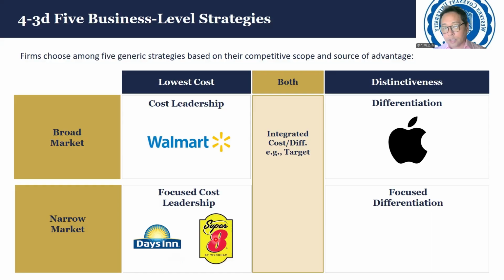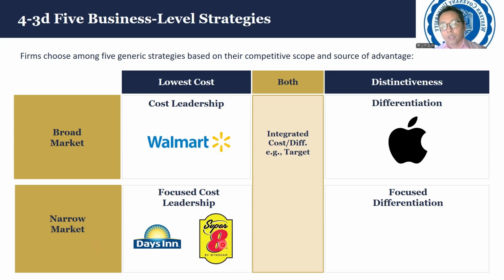And Super 8 is in the same strategy, focused cost leadership, but they are targeting a different narrow market. Super 8 can be viewed as a brand focused more on individual travelers, while Days Inn is viewed as a brand focused more on family and regular travelers.